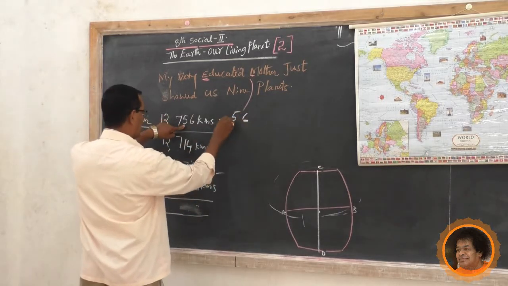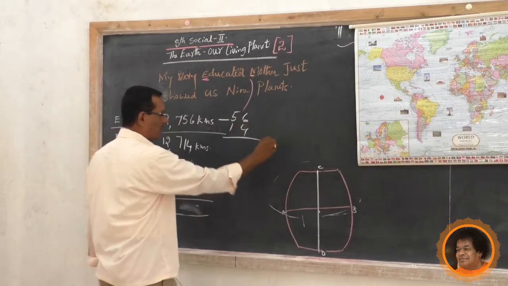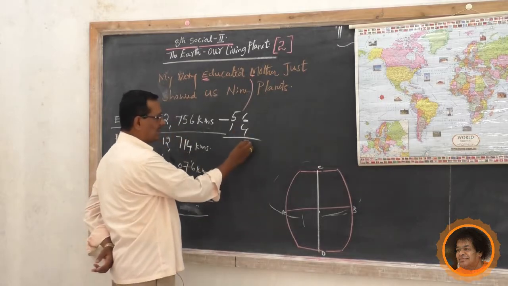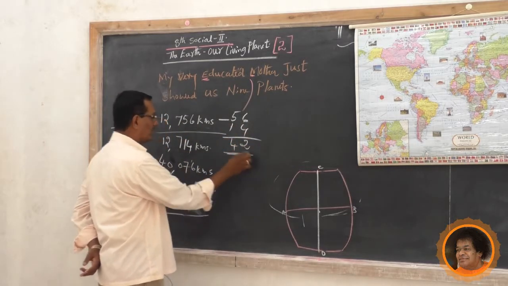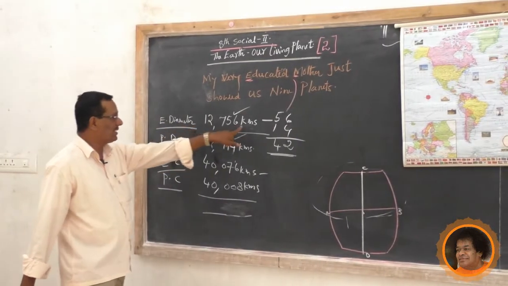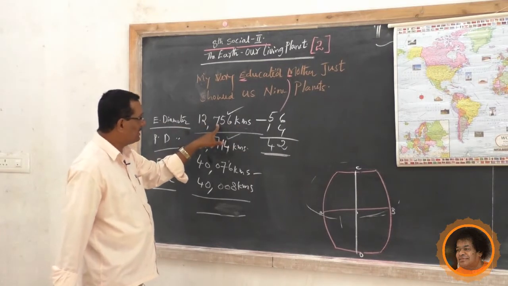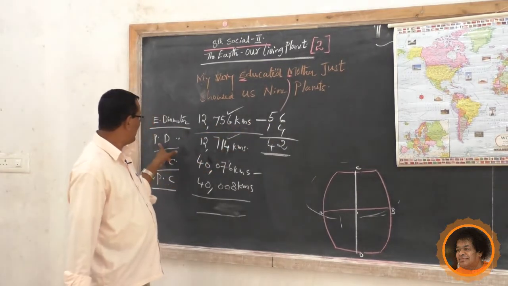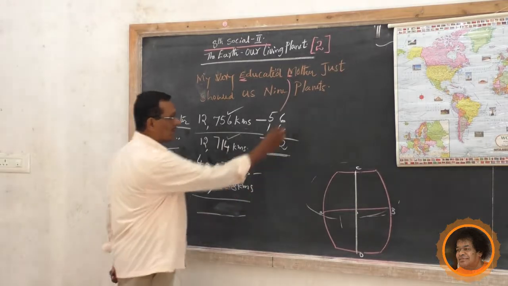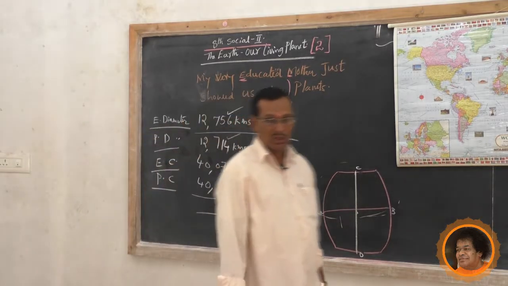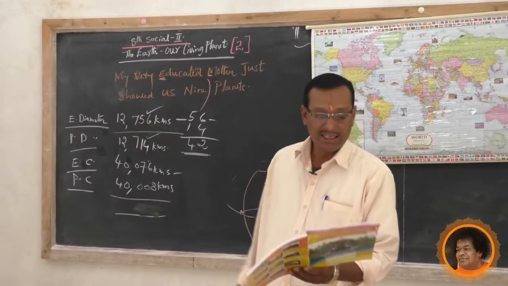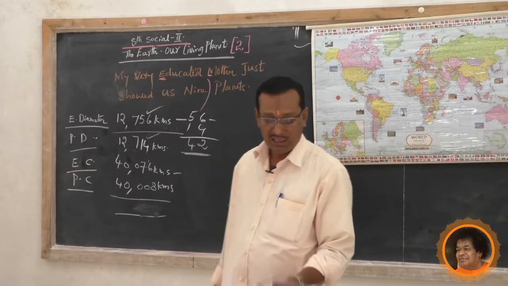The equatorial diameter is 12,756 and the polar diameter is 12,714 kilometers. What is the difference? Only 42 kilometers. This difference of 42 kilometers in diameter is the proof for the geoid shape of the earth.